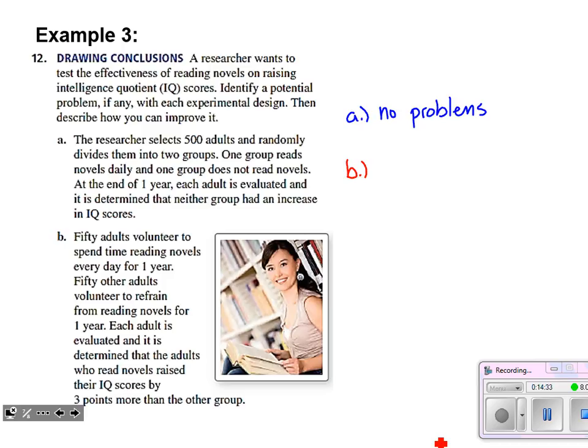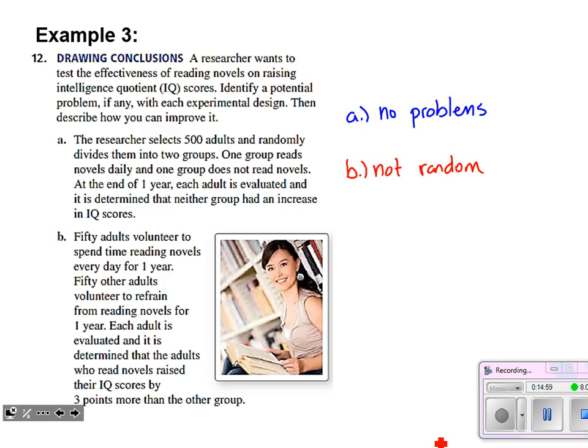So the people that are volunteering to read the novels for 1 year, maybe they're people that are doing things other than reading novels that would boost their IQ scores. So it's not necessarily random. Okay, so yes, they're comparing the readers to the non-readers. So it is comparative, but it's not random.